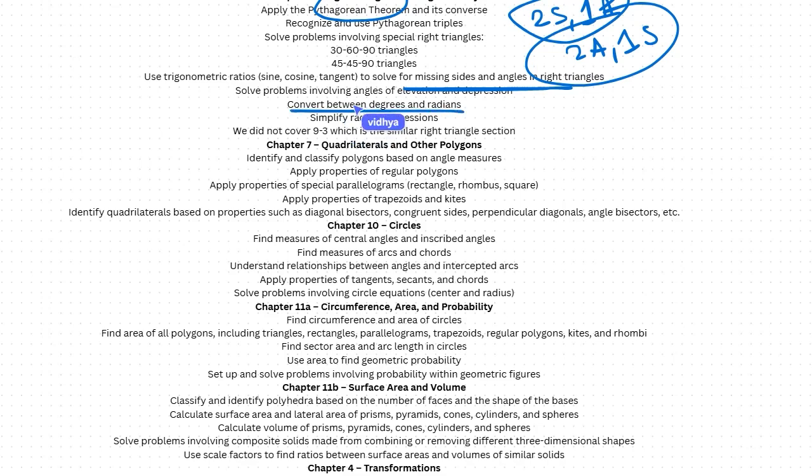Degrees and radians. How do you convert between degrees and radians? Can you refresh me on that? I forgot the scale. The scale is 1 pi radian is equal to 180 degrees.